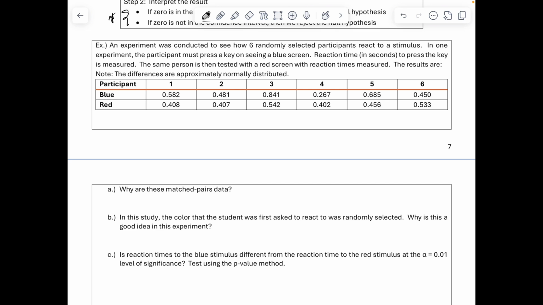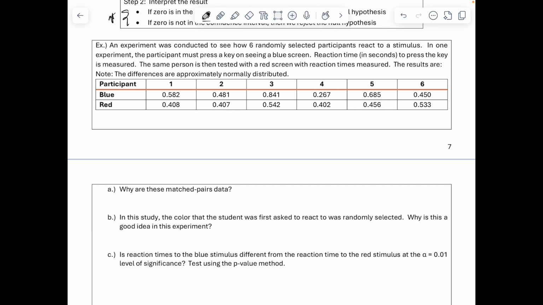So with this, you're matched up, but you're matched up against yourself. They're measuring you with blue, and then they're measuring you again with red. So you notice we have our participants 1 through 6, the reaction time with blue and the reaction time with red. In order to do this problem, we are going to have to construct our differences.